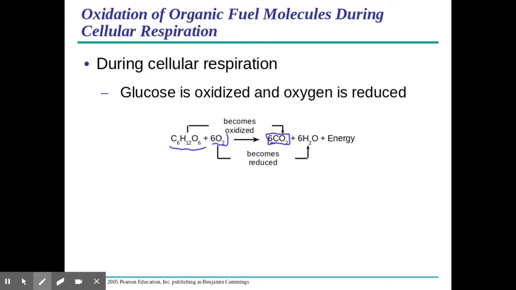Oxygen is going to become reduced. Reduction is gain, so it's going to gain electrons, and that's going to become water. And in that process, we make energy, which is in the form of ATP. So that's the overall process of cellular respiration.